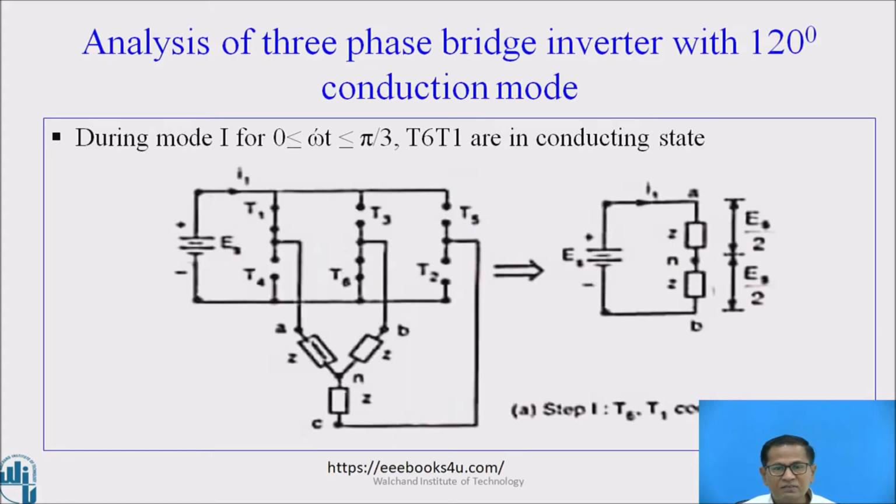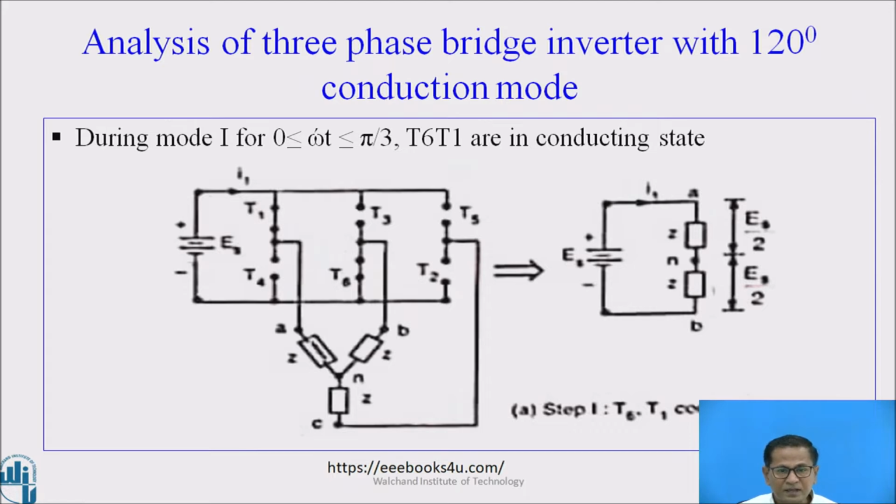Analysis of three-phase bridge inverter with 120 degree conduction mode. Now, during mode 1, in the range of omega t greater than 0 and less than or equal to 60 degrees, T6, T1 are in conducting state. So, this is the circuit diagram and this is the equivalent circuit.